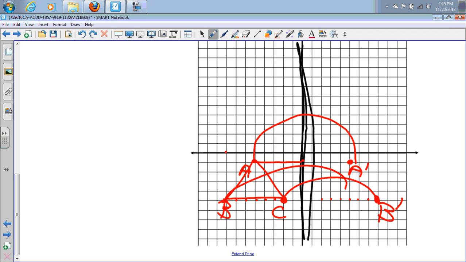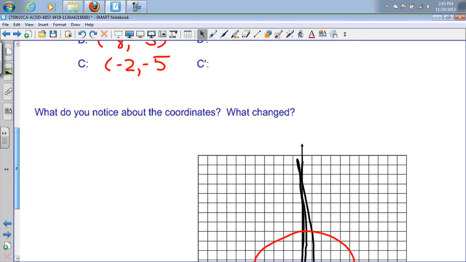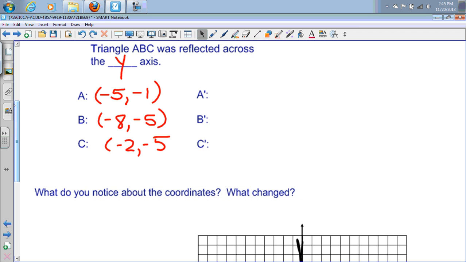And then C, I'm 1, 2 over, so I go 1, 2, and this becomes C prime. And so there is my triangle. Okay? Now that you have those, pause the video, go up and write the coordinates for A prime, B prime, and C prime, and answer the question: what did you notice and how did they change?